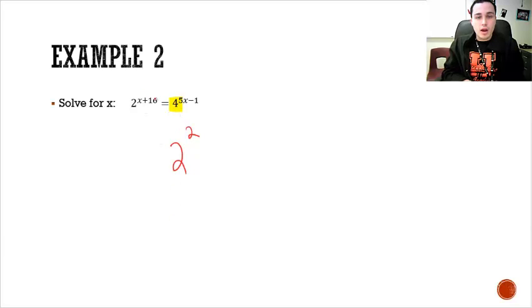And so here I'm changing the larger base to match the smaller base, because it's becoming the 2 that's matching the smaller base right there. But then it's squared because 2 squared is 4. So then what I do is I multiply this exponent up here times the original 5x minus 1 right here.